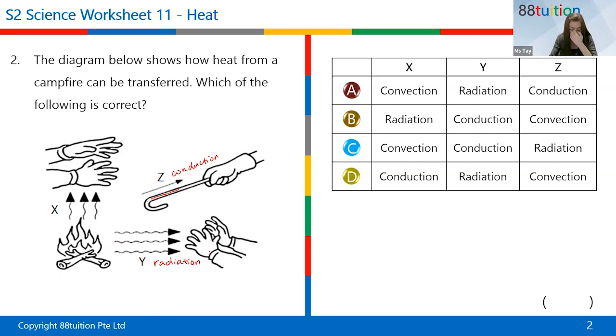And then X is convection. The air above the flame, or the fire, gets heated, expands, becomes less dense, and rises. So this is convection. I think all of you should know this. So question 2, no problem.